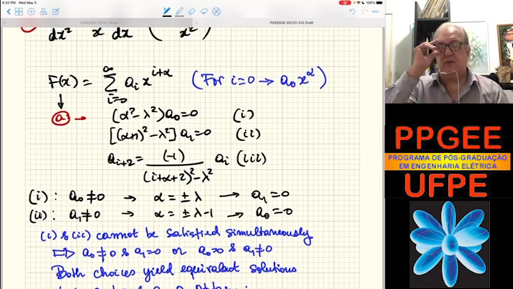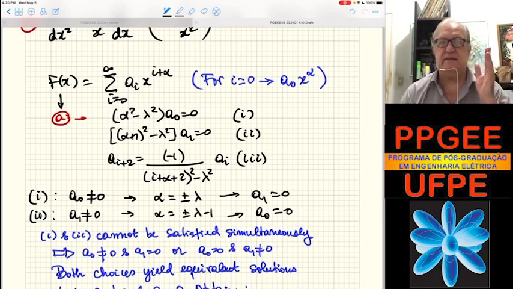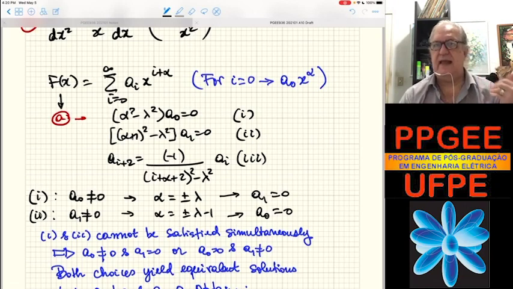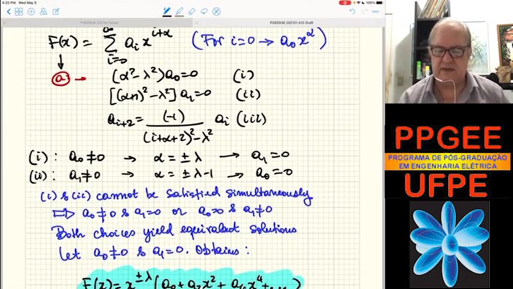These are equivalent solutions. I mean, it just means that I'm going to start at the given coefficients, then the next elements in the sequence are going to jump by 2 units: a0, a2, a4, or a1, a3, a5. So these conditions are equivalent. It doesn't make much difference.